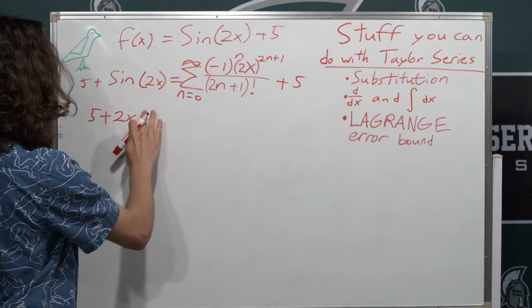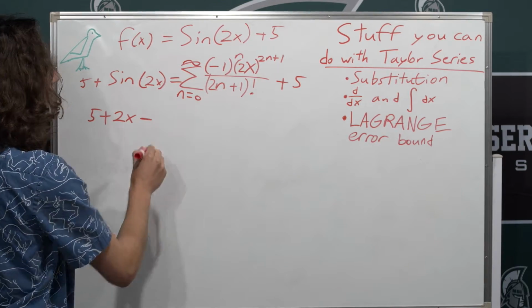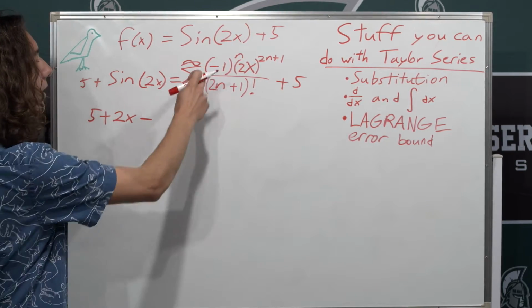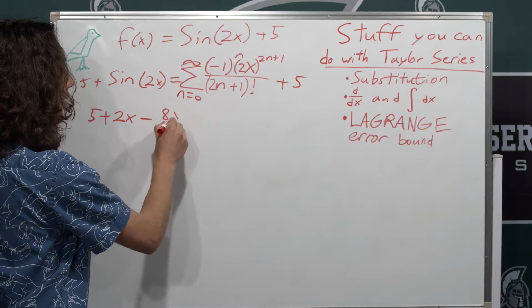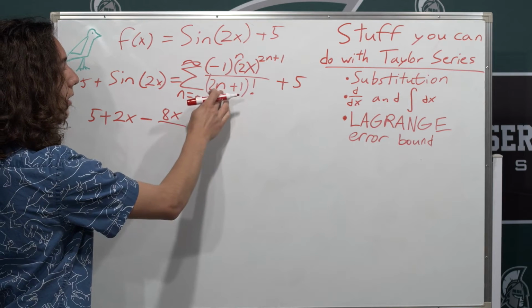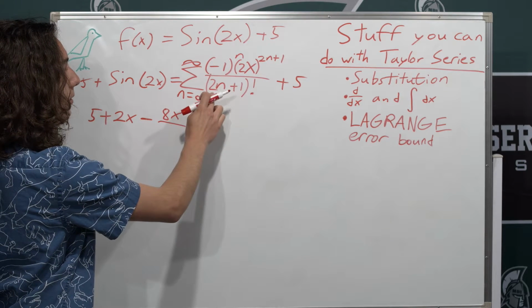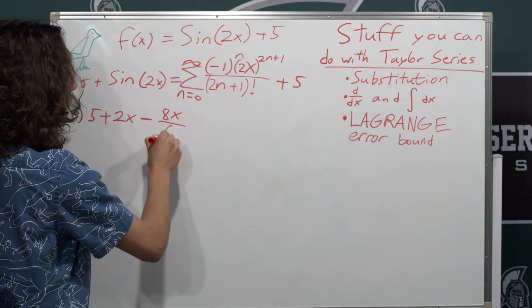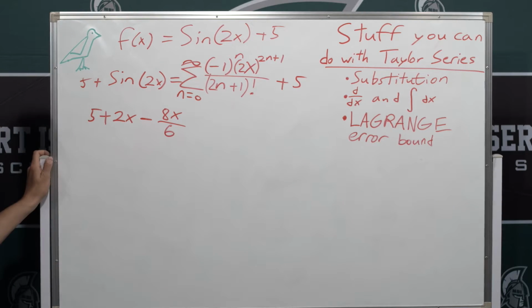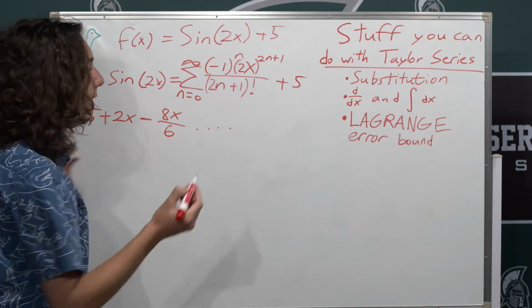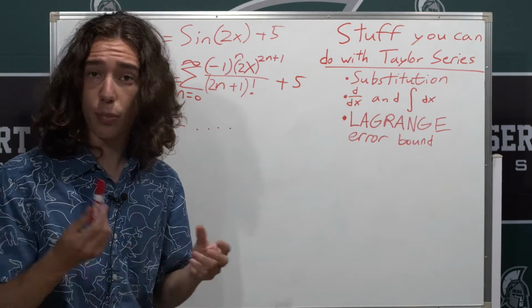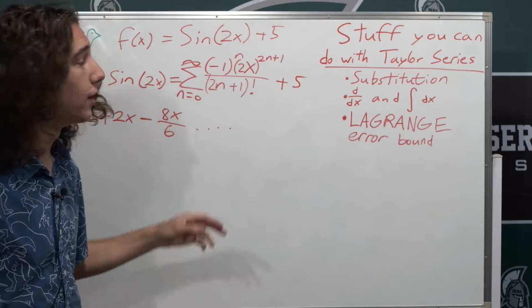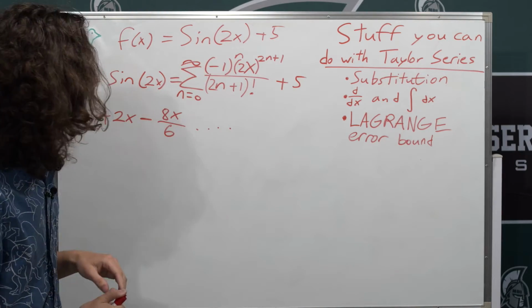Second term will be negative, N is 1, so that's 2x cubed, so that's 8x over 3 factorial, 8/6 x, and then continues on. And you can write out the series like this for this thing that we don't necessarily know, but we know a simpler version of it that we can plug right on in.